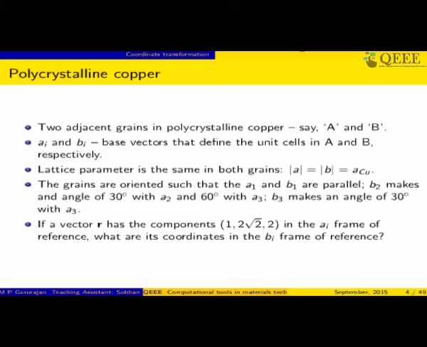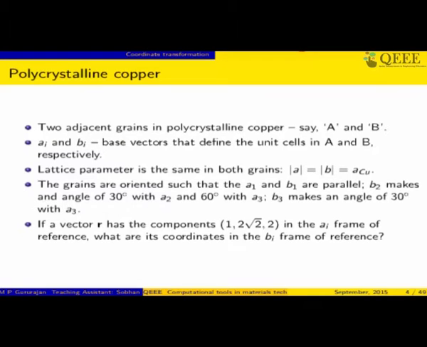But we are now considering a case where I have a vector whose components are given in one frame of reference, the A frame of reference, in which it has 1, 2, root 2 and 2 as the components. Now I want to find out what its coordinates will be if I use the B frame of reference to refer to the same vector.